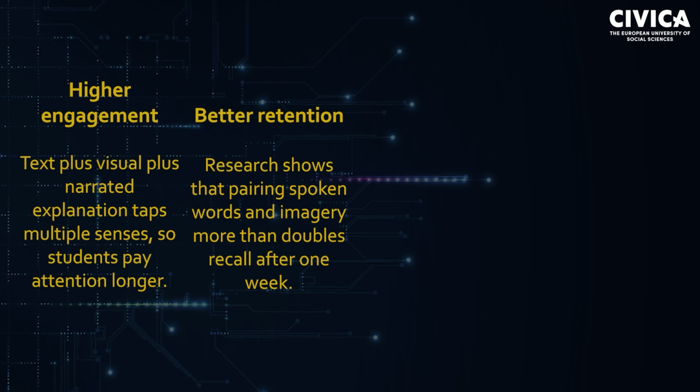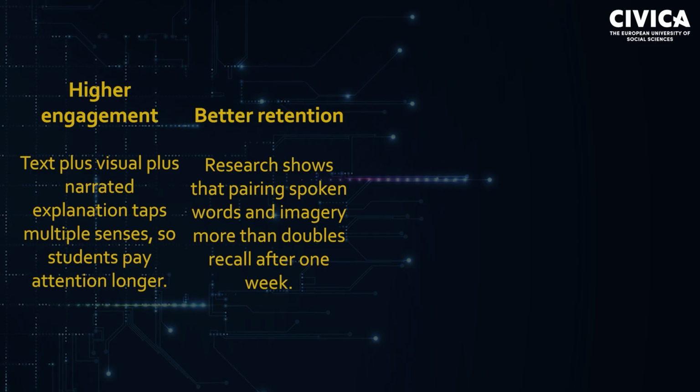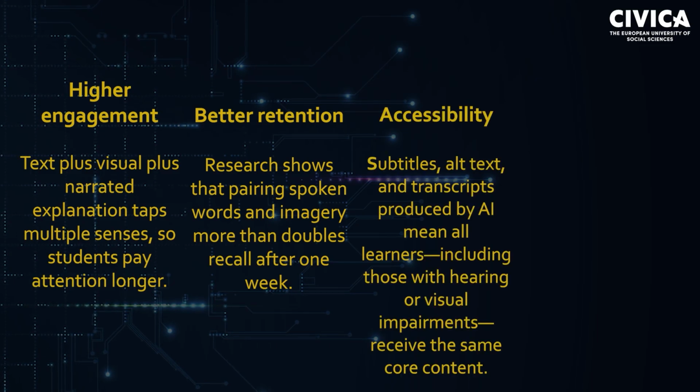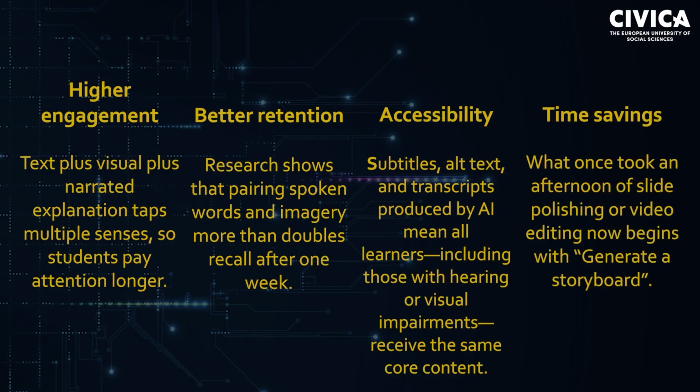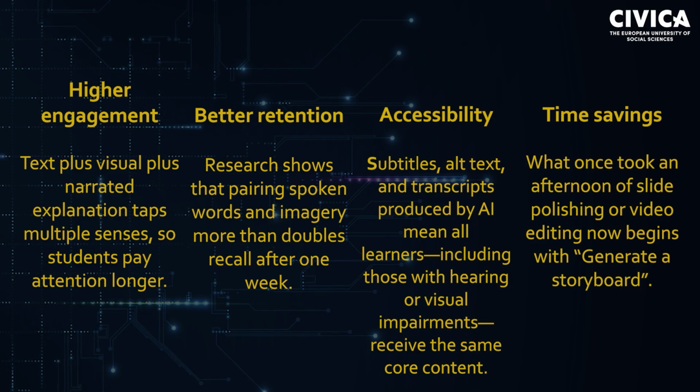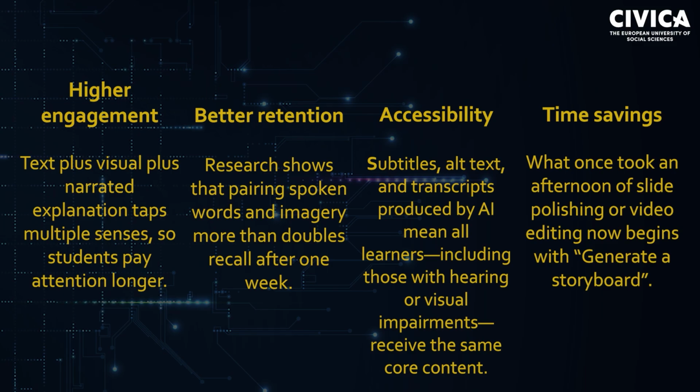Research shows that pairing spoken words and imagery more than doubles recall after one week. Accessibility. Subtitles, alternative text, and transcripts produced by AI mean all learners, including those with hearing or visual impairment, receive the same core content. Time saving. What once took an afternoon of slide polishing or video editing now begins with generate a storyboard.